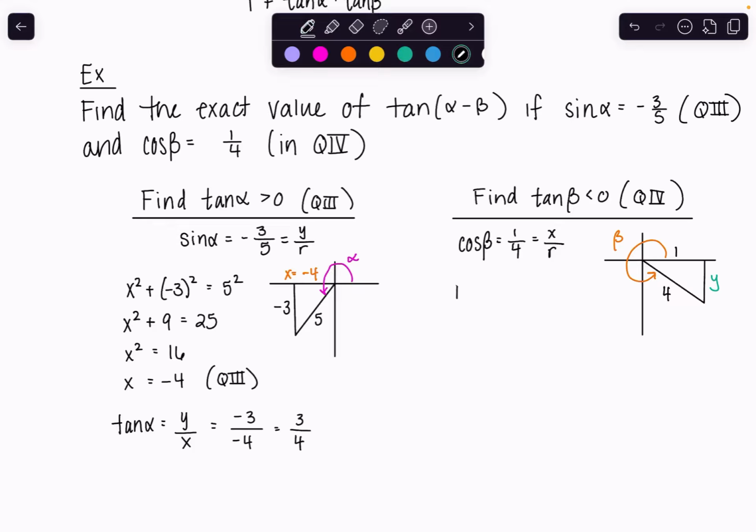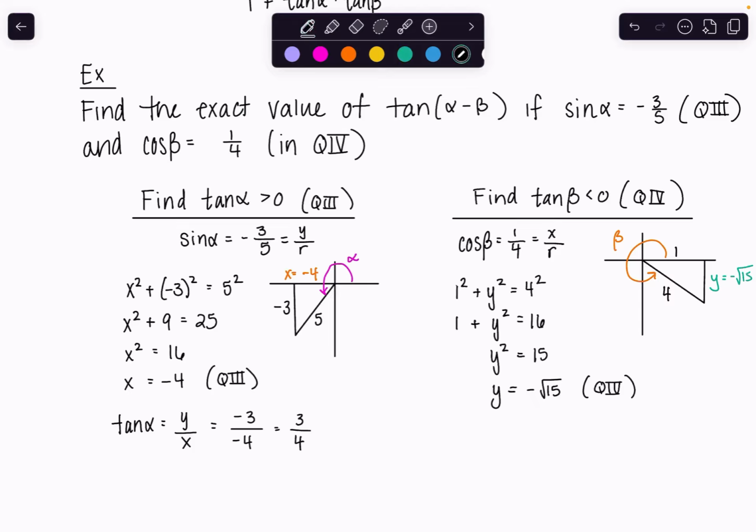So that gives me x squared plus y squared is equal to my hypotenuse squared. Well, 4 squared is 16, so subtracting the 1 gives us 15. So my y value is negative square root of 15. So again, we are in quadrant 4, and y is negative there.